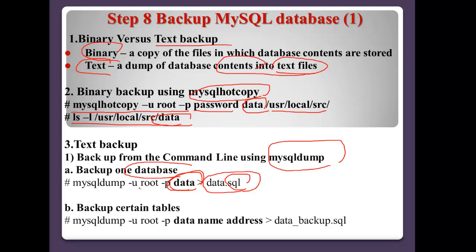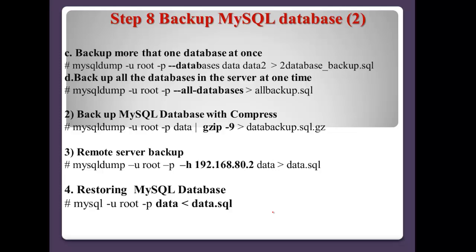Then this command will save this data using SQL statements. Number B, backup certain tables. If we need to back up some tables inside the database, we can use it like this. Data here, name is the table name, address is also a table name, and after that we give the file or SQL file name.